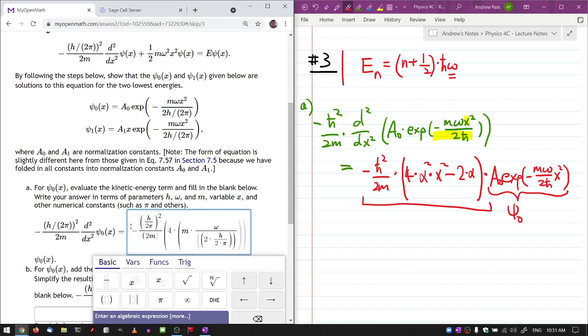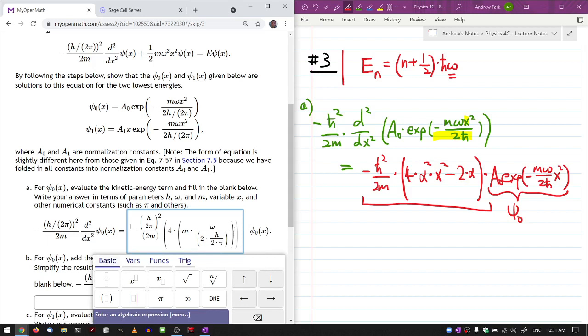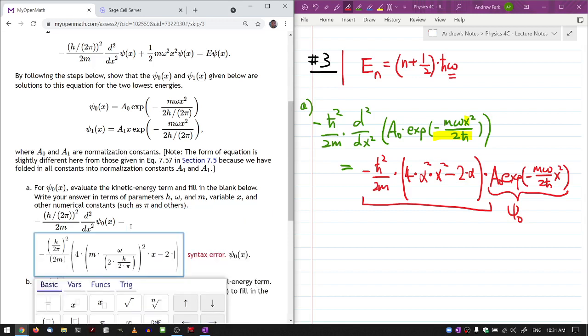This could be simplified a bit. I just choose not to because the whole thing is depressingly complicated. Squared times x minus 2 times what amounts to alpha, m times omega divided by 2 times h bar, or h over 2 pi.